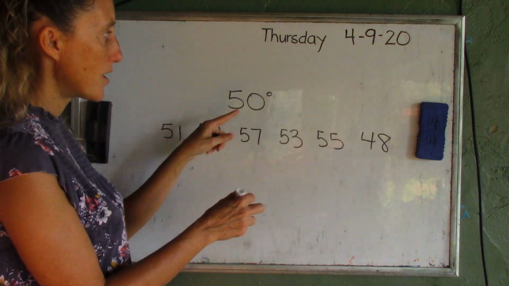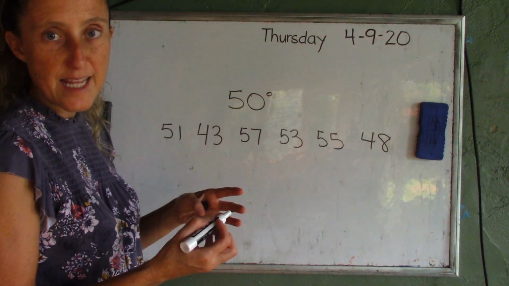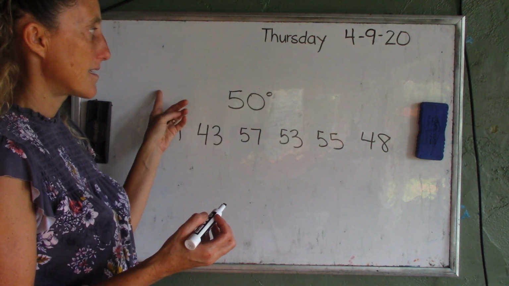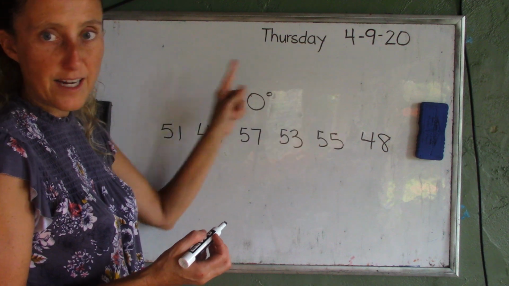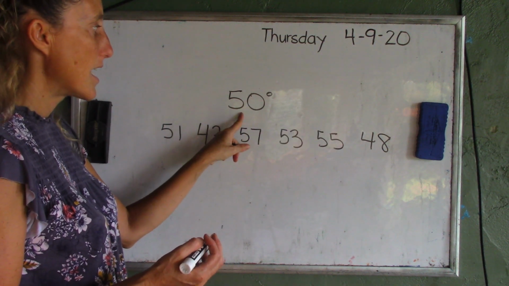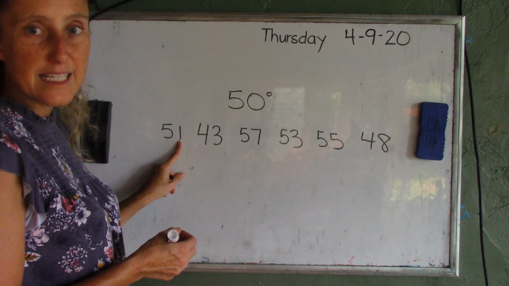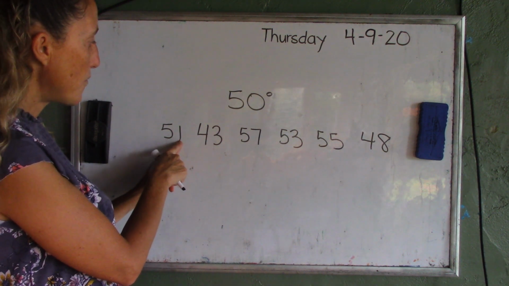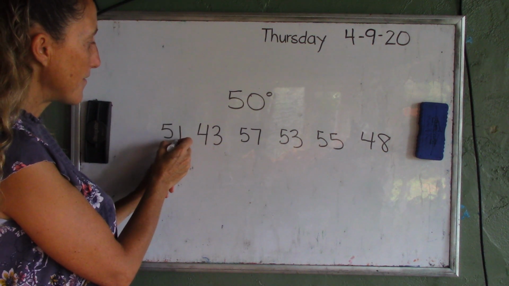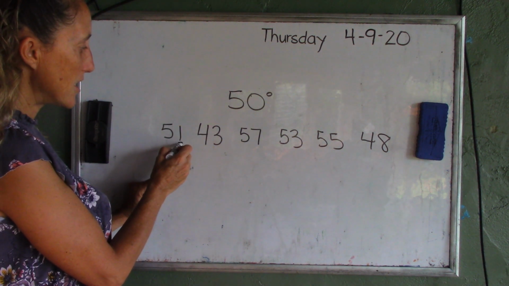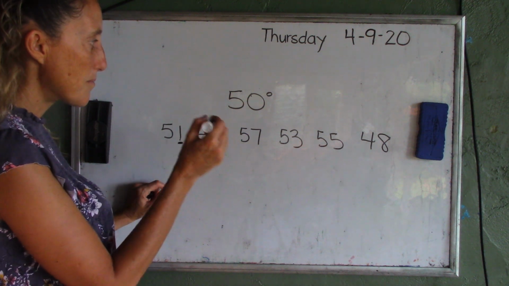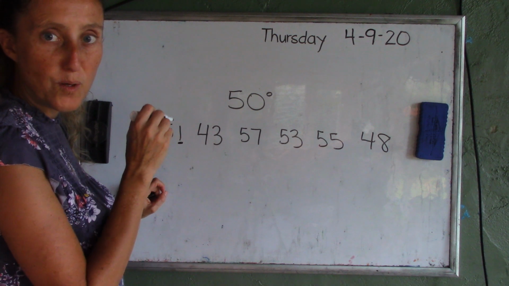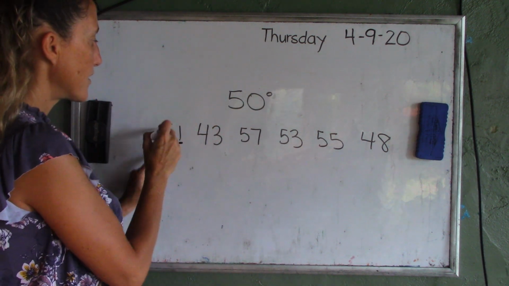To round a number to the closest 10, which this is the 50, 40 is its next 10, and 60 is the next 10, right? This is 50, we're working on 50. You want to look at the second digit in the number. So 51. Now if this second digit is 4 or less, then you're going to go back to the first 10.